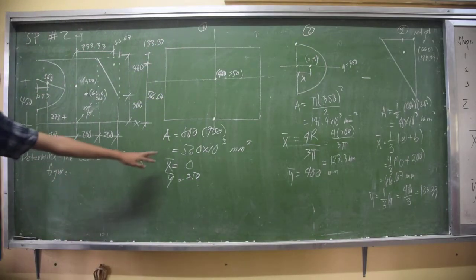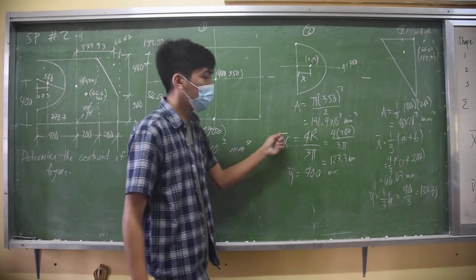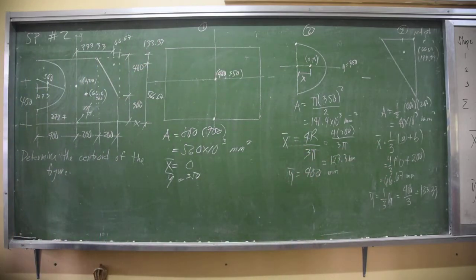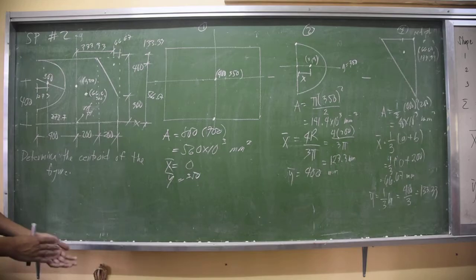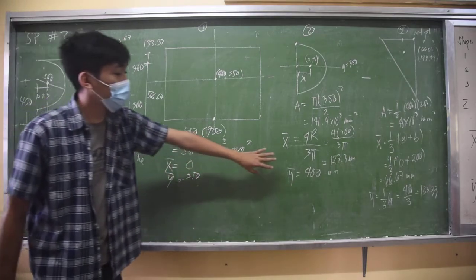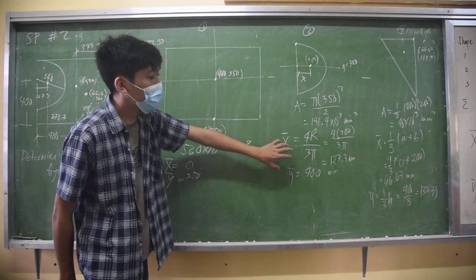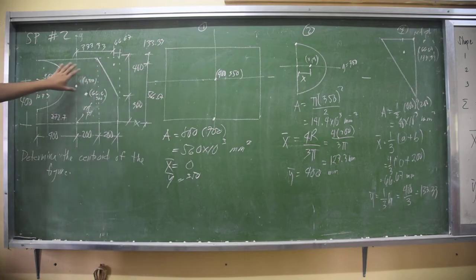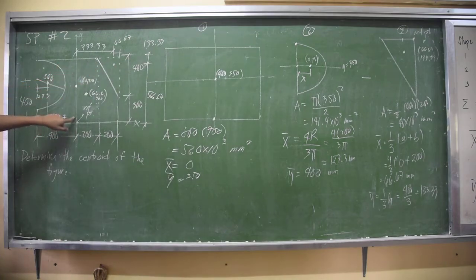Then, also, kunin nyo yung mga corresponding centroid. Nandun naman na sa module yung mga formulas. Then, kung nakuha nyo na yung mga centroids, kunin nyo yung distances ng centroid ng kada figure dito sa reference point nyo.